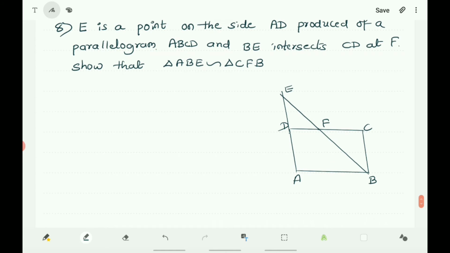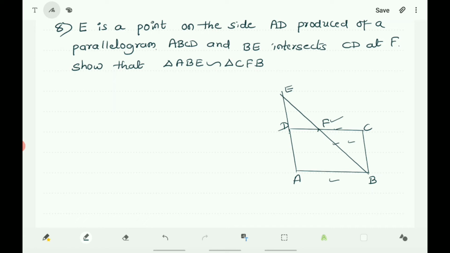ABCD is a parallelogram, and side AD is produced to E. BE intersects CD at F. Now what you have to prove? Triangle ABE is similar to triangle CFB.